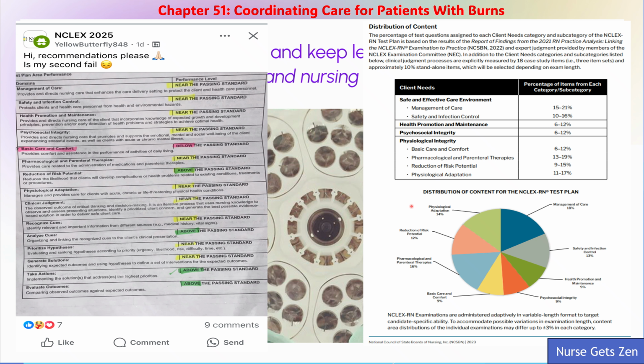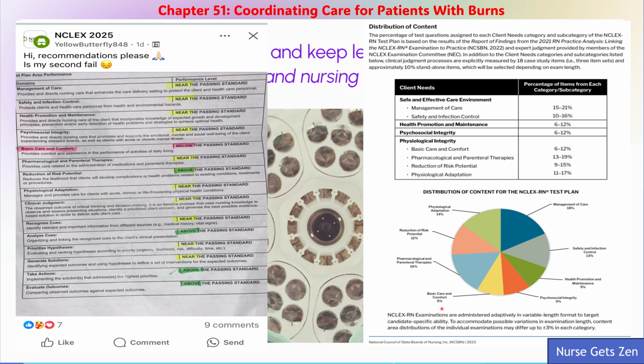A question might have 2 from the pie, or be related to just one section. Management of care is huge, and pharmacological is also huge for the RN. Basic care is about 9%.